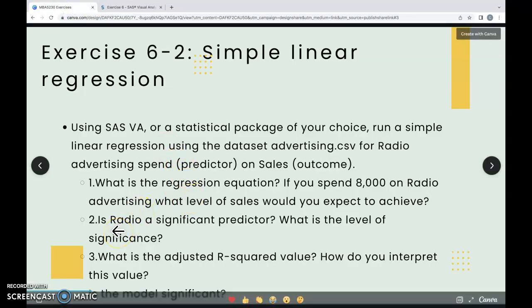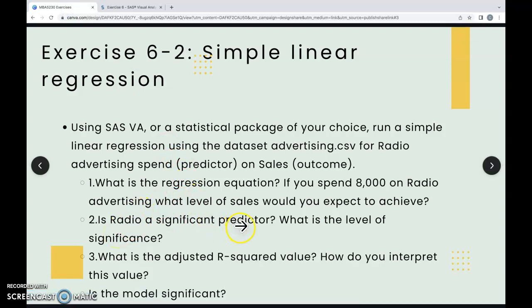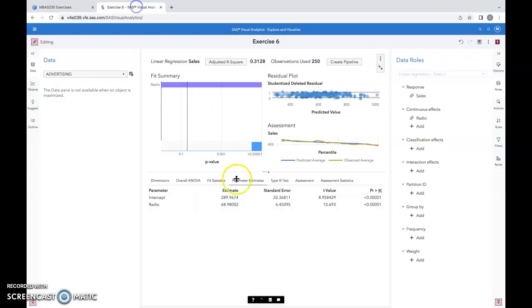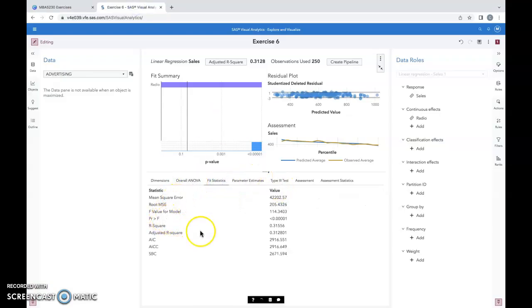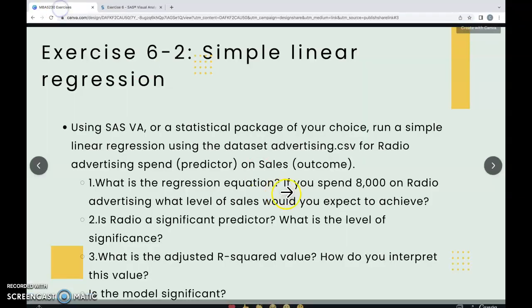So now it's asking, is radio a significant predictor? And due to the p-value being less than 0.00001, as we can see right here, radio is a significant predictor.